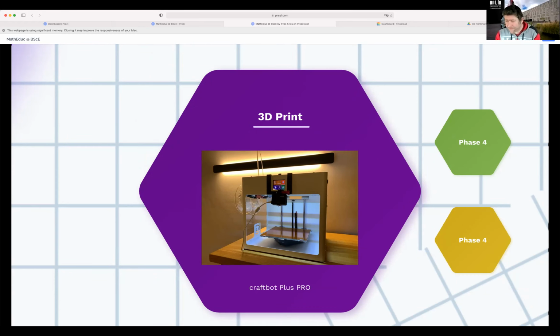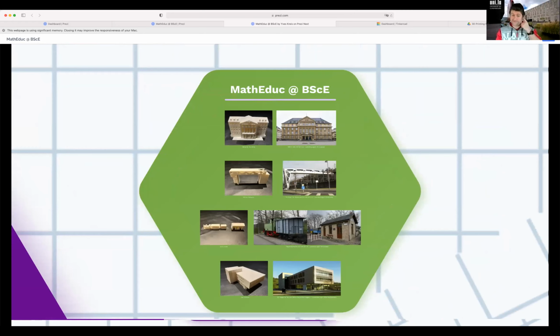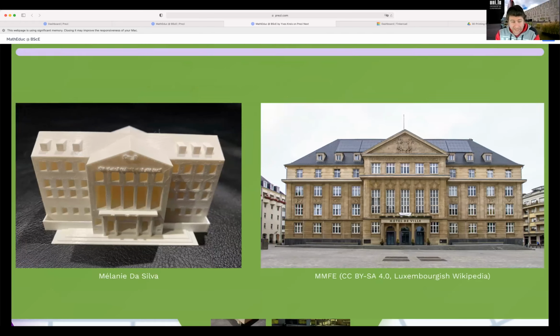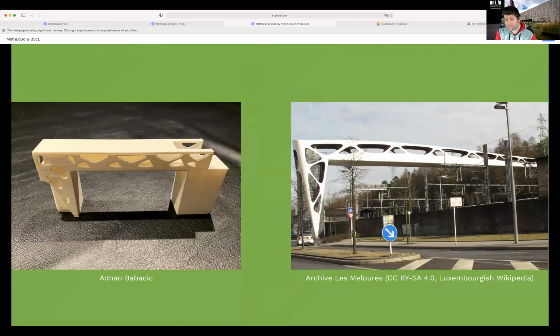And also there we started the first part of phase 4, which has been accomplished, to print out some of these designs. And we had quite impressive things which were produced, like here's the City Hall of Esch-sur-Alzette in the south of the country. You have in the same town a very interesting bridge.